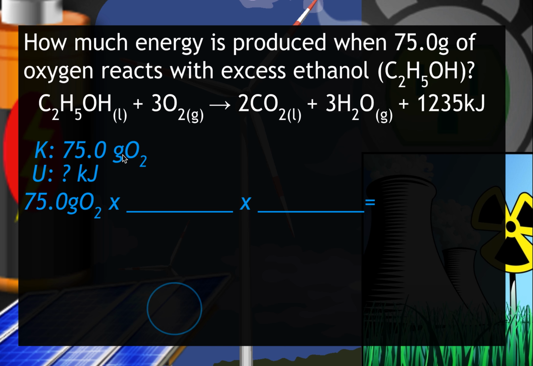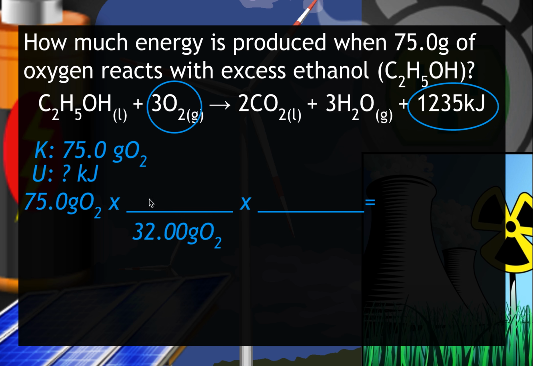I now have to convert that into moles, because I need to know how many moles of oxygen I have. So 32 grams of oxygen per mole. I'm going to be using 3 moles of oxygen, which will produce 1,235 kilojoules.